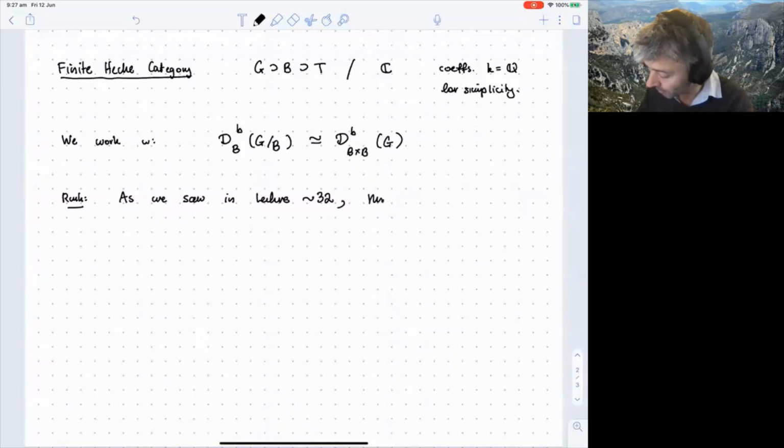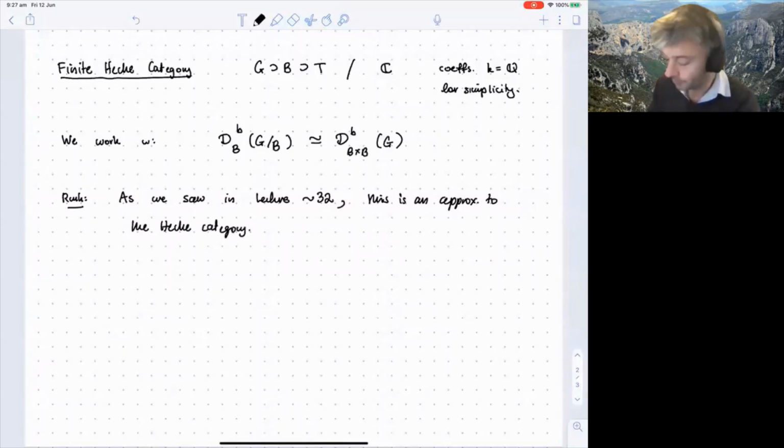This is an approximation to the Hecke category. So everything we do below can be done in the proper Hecke category. It's just more difficult to explain, and so I'm explaining it in this setting to give ideas.